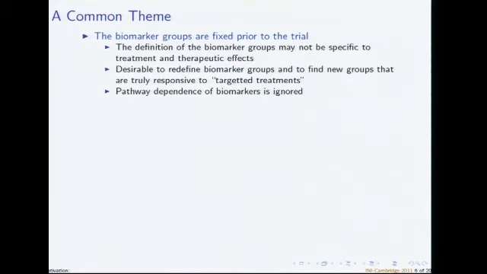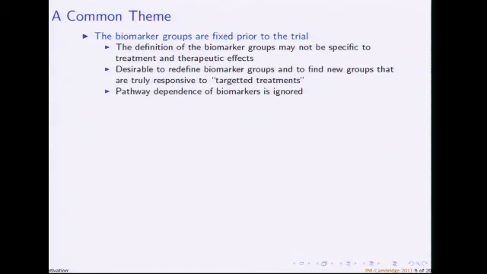again, I hope at this point I have gotten my point across. A common theme at the most current front of biomarker adaptive trials is that the groups that define different subpopulations are fixed prior to the trial, and they don't change. So why is that a bad thing?